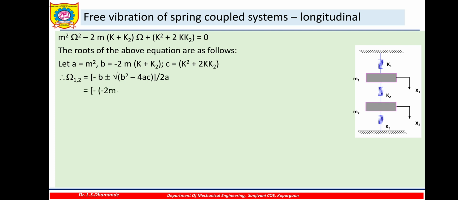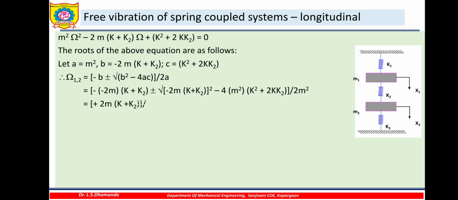If I put these values of a, b and c in this equation, it will look like this. Now I have to simplify these terms. After simplification, minus minus becomes plus, so plus 2m times (k plus k2) divided by 2m square, where I separated the 2a for the first term and took the other term to the right hand side.